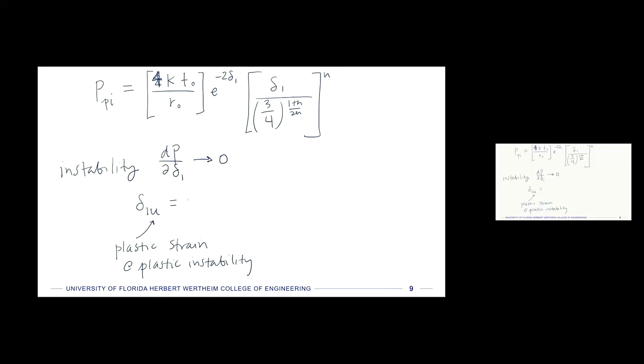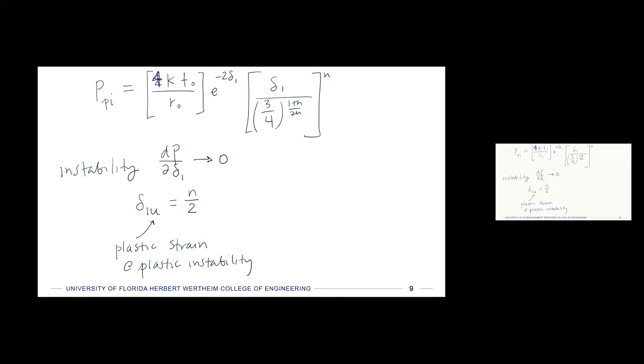I have not confirmed all the math that the book has gone through, but it's very funny to me when things knock out like this, where it's just n over 2. So it's just our strength power coefficient divided by 2 is the amount of plastic strain that we need in the hoop direction to cause this plastic instability.